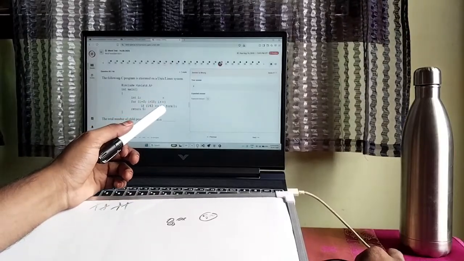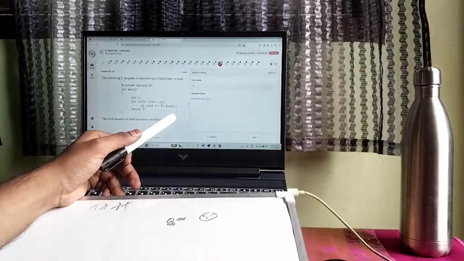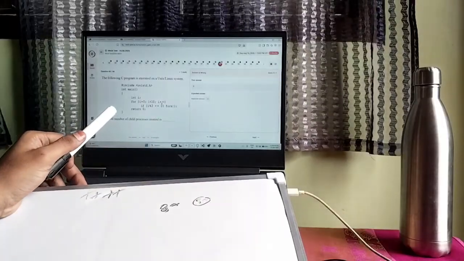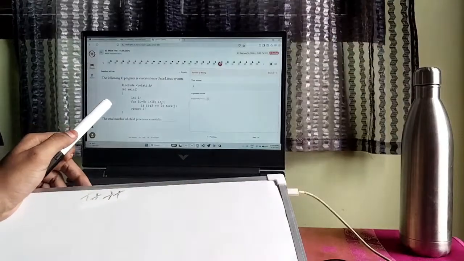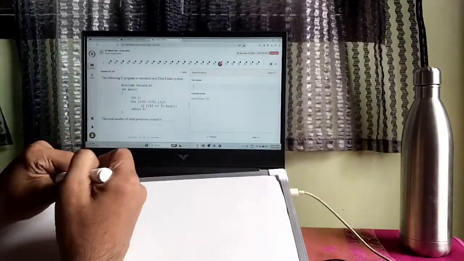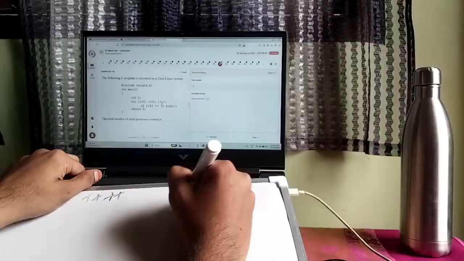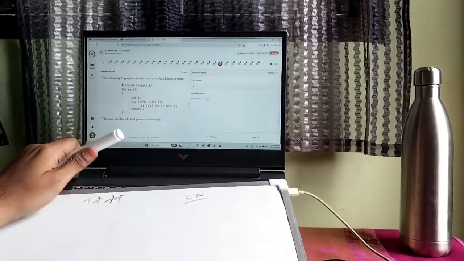Question 60. Yeah, this question is very interesting, and it is from computer networks, CN. I have not covered this question anywhere else.